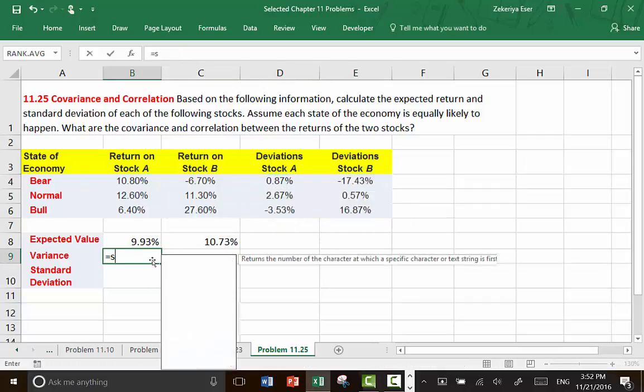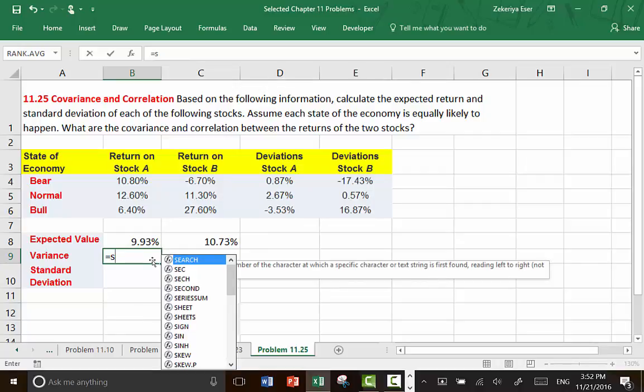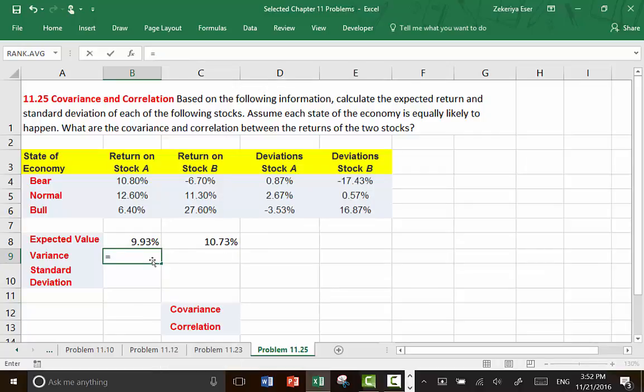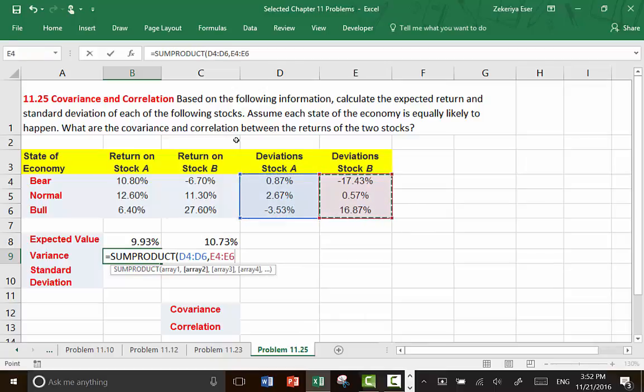And variance is simply some product of these deviations, which is the same thing as squaring it, divided by 3. As you know, all of them are equally likely.